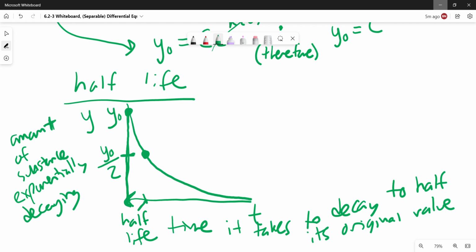I think it's a 6.2 homework problem, maybe 7 or 9, I don't remember. Maybe it's in the 6.3 one, they have you plug back in for the value of y. Actually, I'm probably thinking of another section. You probably think I'm losing my mind. That's fine. I think I'm thinking of something earlier in the year.